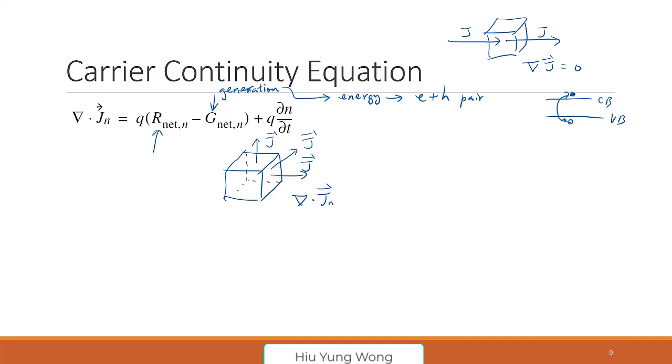Now, maybe can you also answer me? Then how come we have recombination? What does it mean? It means that some electron disappear. How do I remove the electron? Right, you're just saying that I keep having electrons going into that region. How does it recombine? Any idea? How do I remove the electron or a hole?